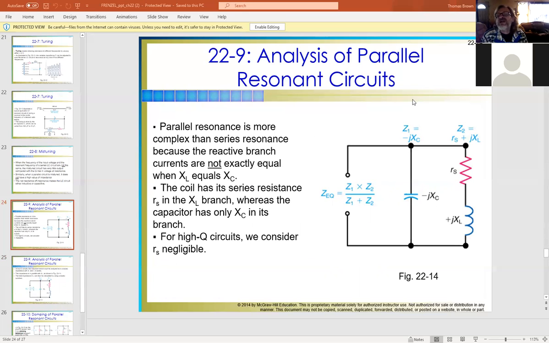So the key here, because he's going to keep talking about parallel circuits, ideally, that's what we're looking at. And why is that? Well, if we look at the circuit here, he's using the reciprocal method to establish what our overall or equivalent impedance is for this circuit.